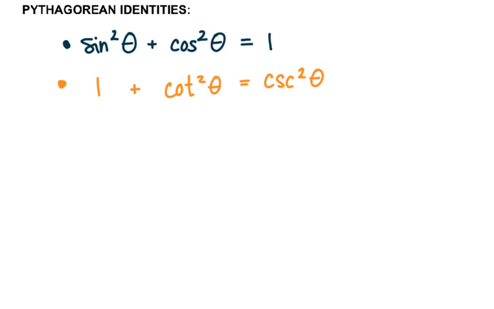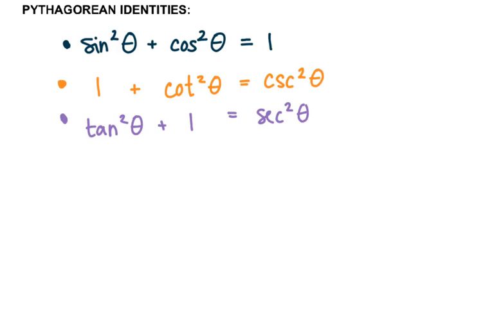All right, and I can do this one more time. I could take all of these terms and divide them by cosine squared. So sine squared divided by cosine squared is tangent squared theta. Cosine squared divided by cosine squared would be 1, and 1 divided by cosine squared would be secant squared theta.